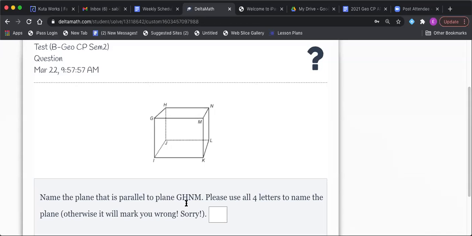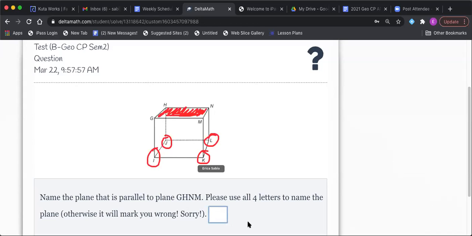So anyway, let's see. Plane GHNM. That's the top of this box. Hopefully you can see that. There's plane GHNM, that top there. So if I want a plane that's parallel to that, doesn't it have to be the bottom of this box? Yeah, so when you're naming that bottom plane, I know that normally you only need 3, but you're going to have to use all 4 letters, J-I-L-K.